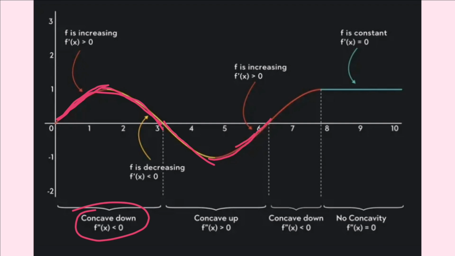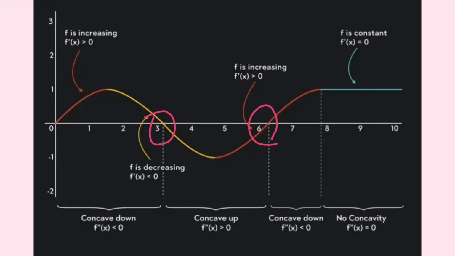In this region, the function is concave up, so the second derivative is greater than 0. Then the function again increases up to 8, then the function is straight, so the first derivative will be equal to 0. This means that 3 is an inflection point. Also 6 point something is an inflection point because here the concavity changes.